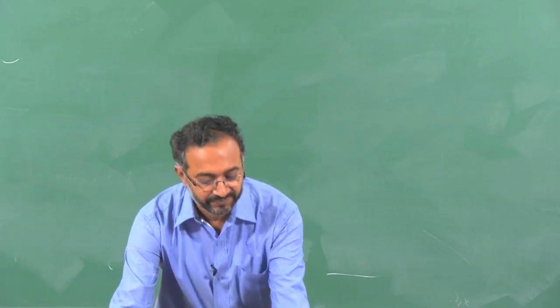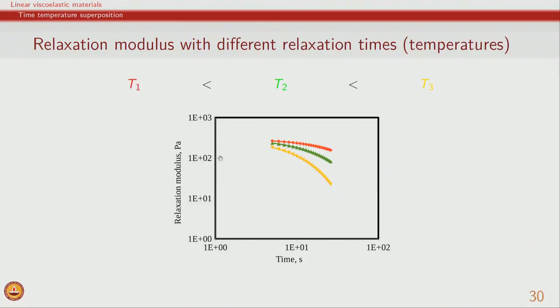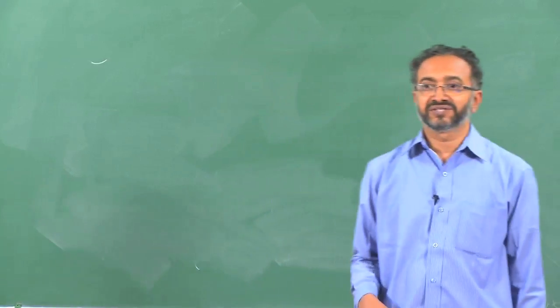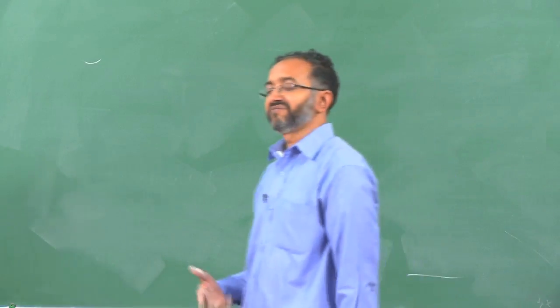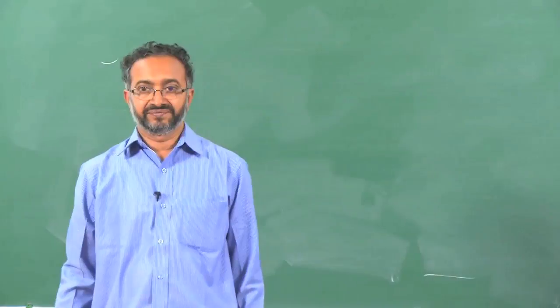So, if we have these 3 different temperatures which are showing the relaxation modulus given like this, one thing we can notice is, let us say I talk about this value of about 100. If I were to observe 100 as the modulus at these 3 different temperatures, I just have to wait for different amounts of time. So, I can get an equivalent response, but at different times.